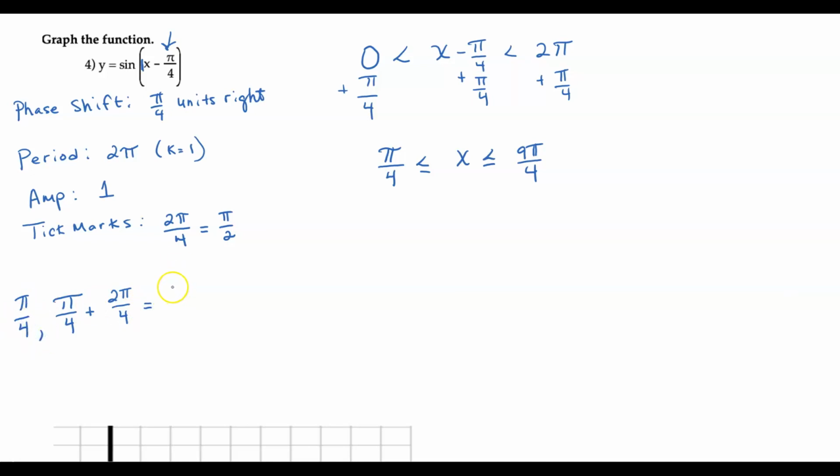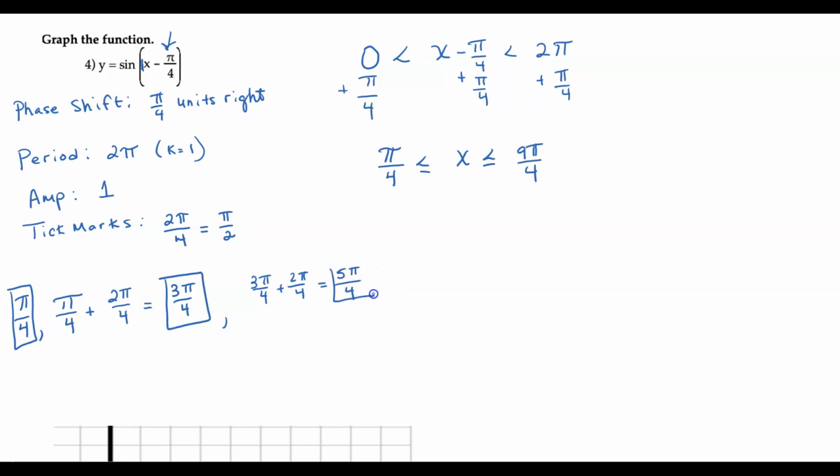The next mark is going to be at 3 pi over 4. Let me box these in here because these are the points we're going to notate on our graph. Then from 3 pi over 4 we add 2 pi over 4. So what do we get?